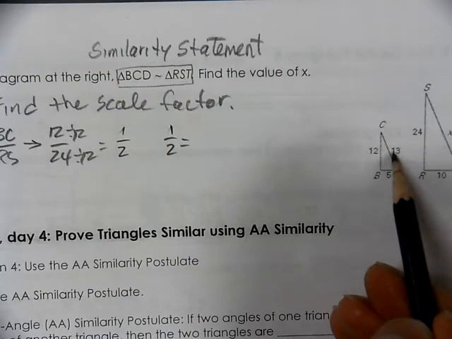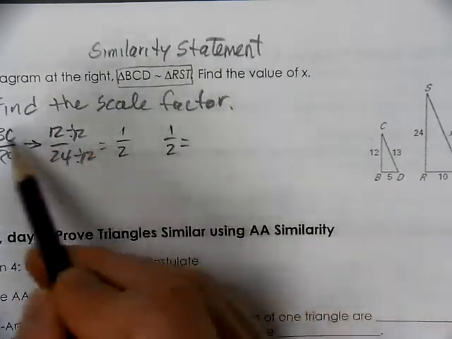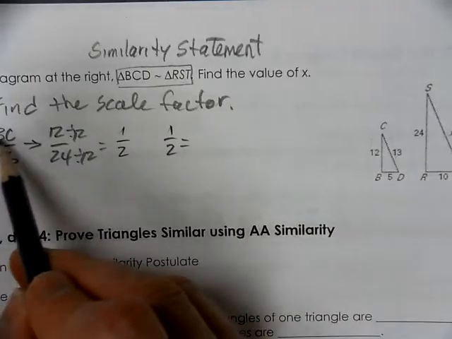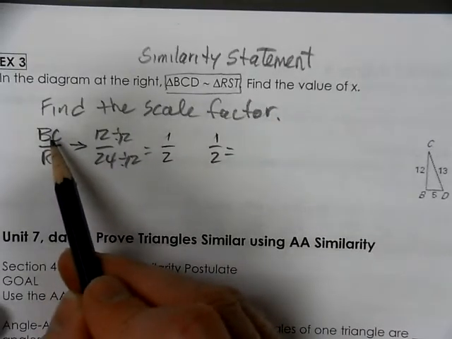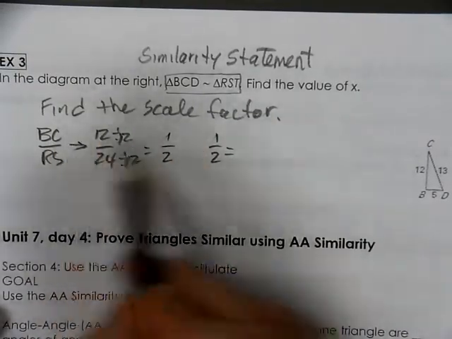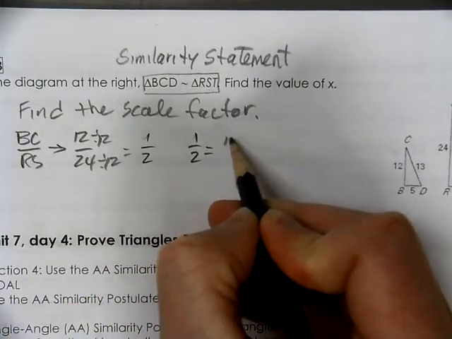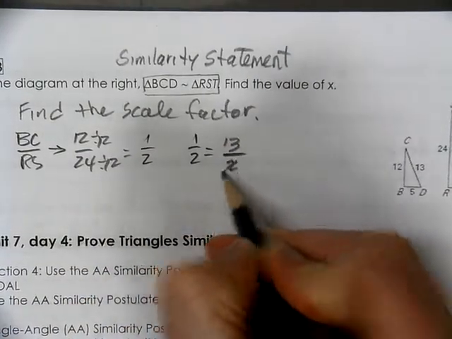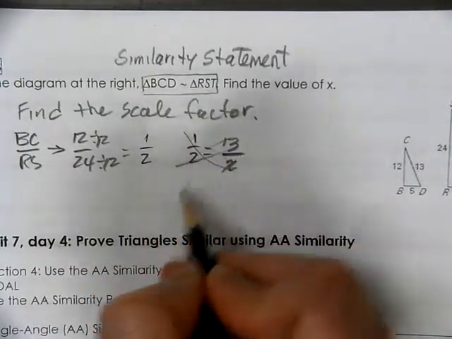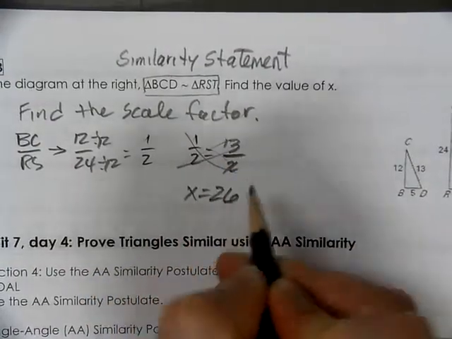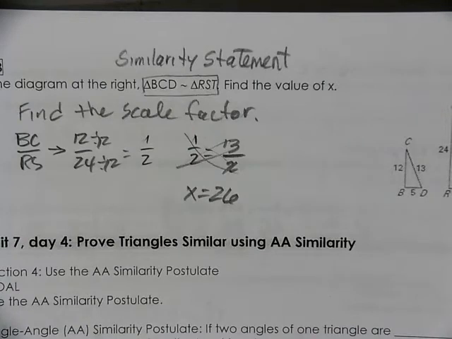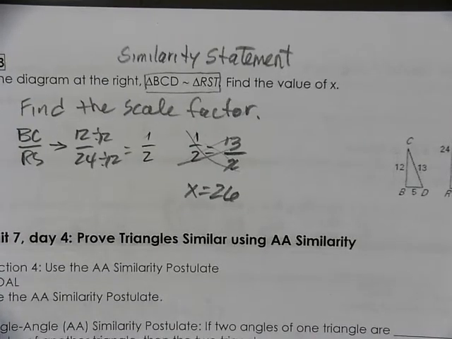CD is 13. CD would go on top of the triangle because that's where BC was located. That's where the smaller numbers were located. So we have our 13 over our X. We cross multiply to figure out that X is going to be 26.